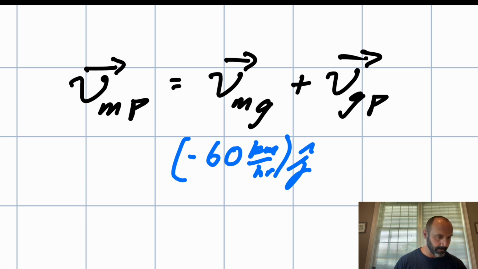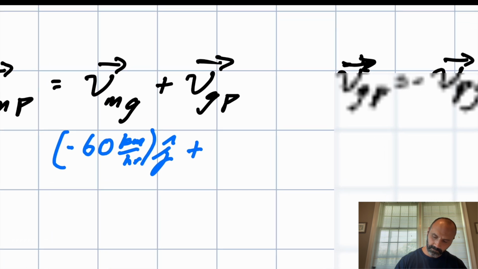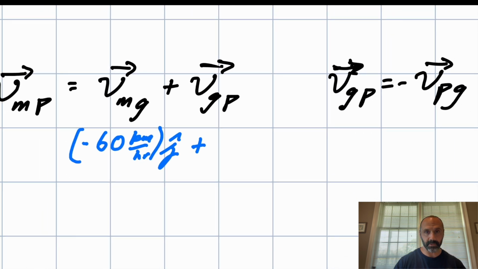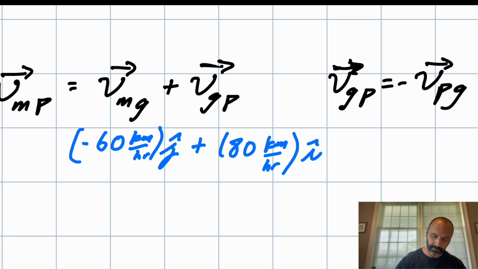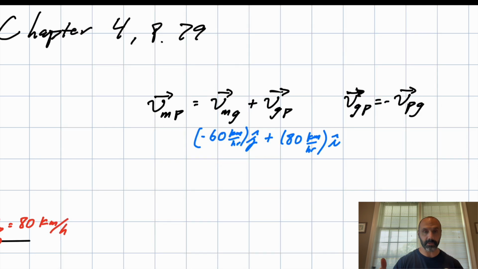And then plus, now the velocity of the police car is in the negative x direction, but then I'm subtracting that, so it ends up being positive, and so we get 80 kilometers per hour in the i direction. And that's what I expect.